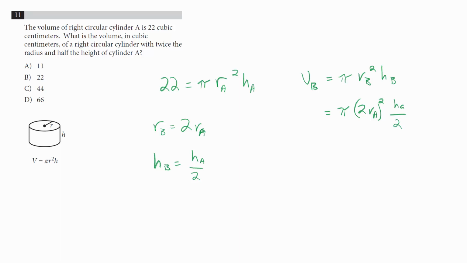So let's simplify this. So 2 squared is 4. So far we have 4 pi rA squared, and then times h of A over 2.